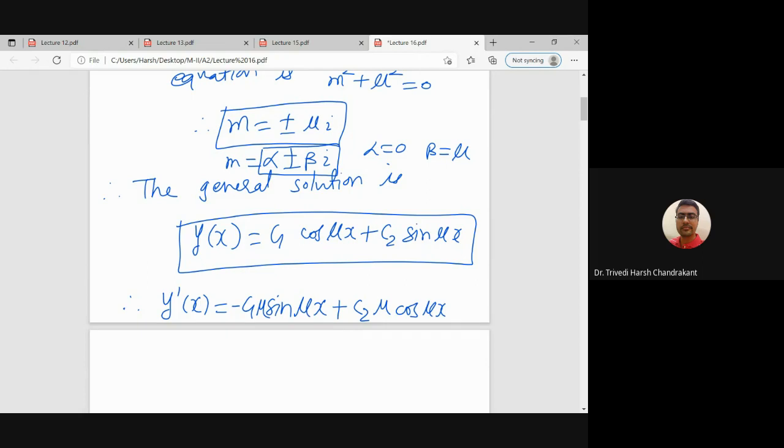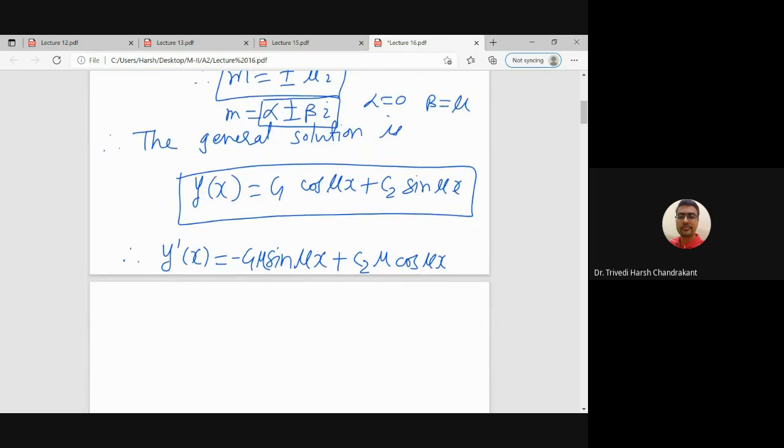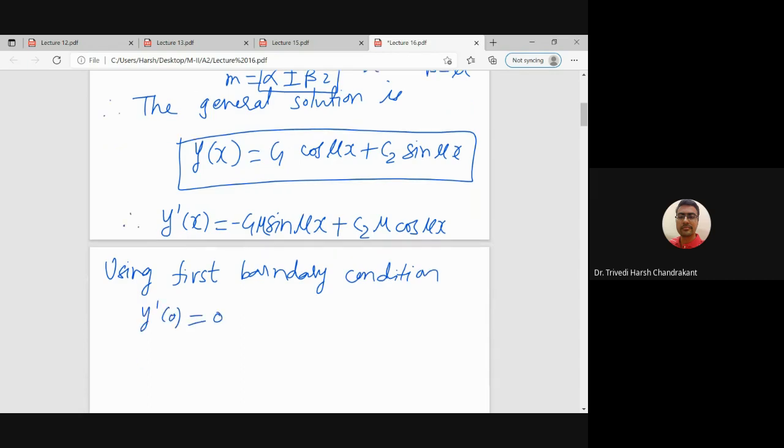So this will be our derivative, and now we shall use the boundary conditions. So using first boundary condition, which is y dash of 0 is equals to 0.